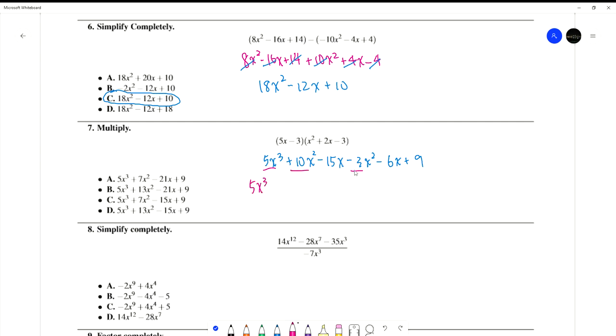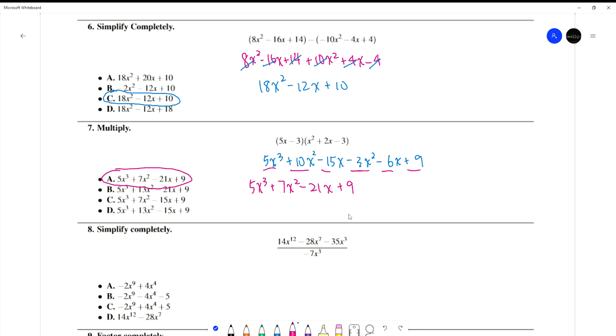Then you have 10x squared minus 3x squared is plus 7x squared. And then minus 15x minus 6x is minus 21x. And then lastly, plus 9. So 5x cubed plus 7x squared minus 21x, that gives us A as our answer.